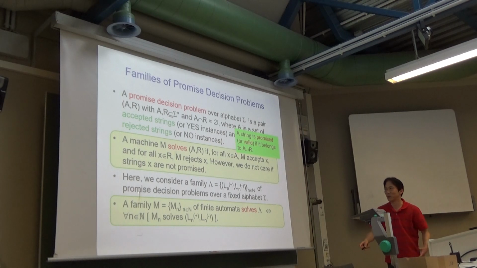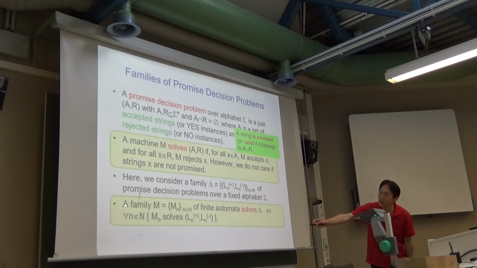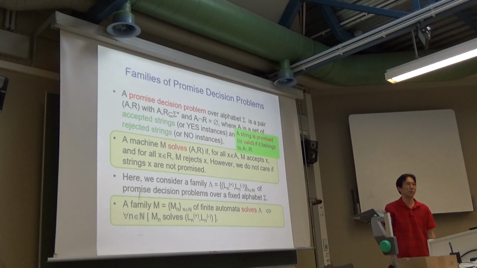Now we just expand everything to families. The family of machines, in this case the finite automata, is said to solve this family of promise problems if and only if for any n, the nth machine solves the nth promise problem. So the n matches.